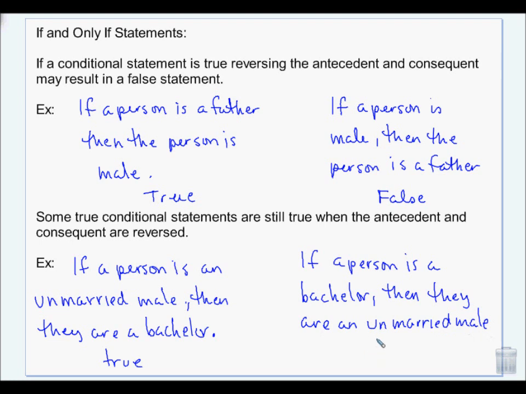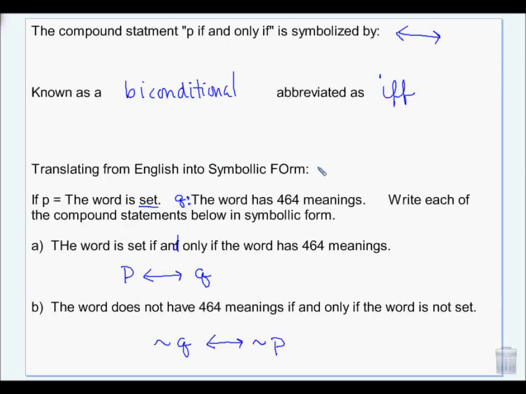If a person is a bachelor, they're an unmarried male. That's also true. So sometimes I flip them, switch the antecedent and the consequent, and it makes it false. Sometimes if I switch them, it's still true. And that's important. And I'll tell you in just a second. Okay. Questions about that? Does everybody have that?